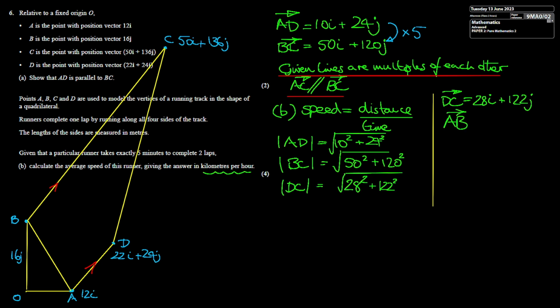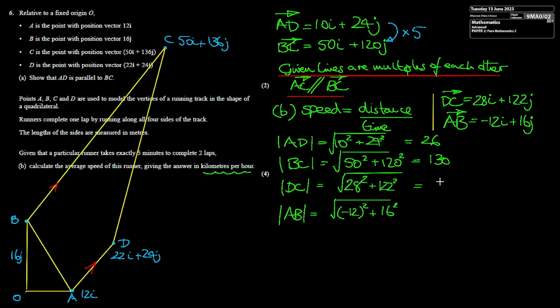And our last remaining line is AB. As we travel from A to B, we go back negative 12i and up 16j. So we need to work all of these out. This is 26, this is 130, this is 28 root 17, and this is 20.